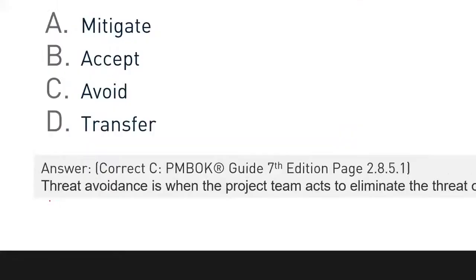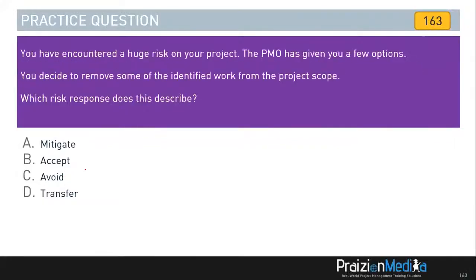All right, let's go back and move on. You have encountered a huge risk on your project. The PMO has given you a few options. You decide to remove some of the identified work from the project scope. Which risk response does this describe?